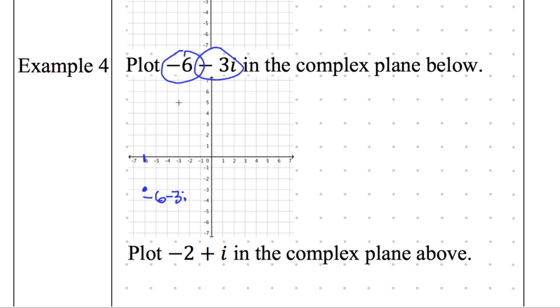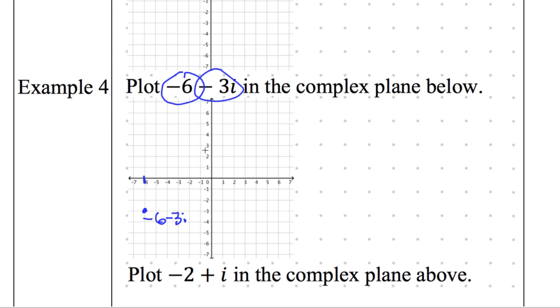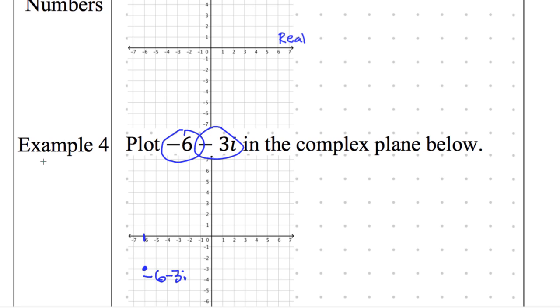What I want you to do right now is plot -2 plus i. Question? The wrong graph? Yeah, this graph was just to show you the imaginary and real. This is the graph that we're going to do both of our examples on. Yeah, I agree, that's a little bit unclear. For future years, we need two graphs.